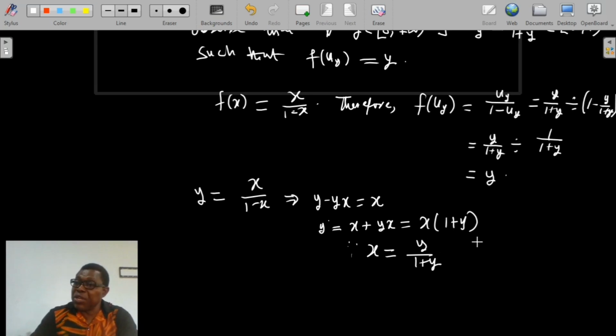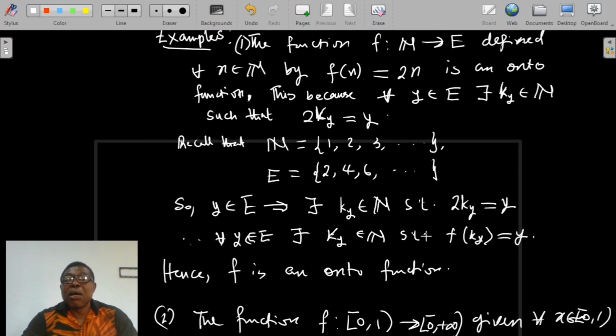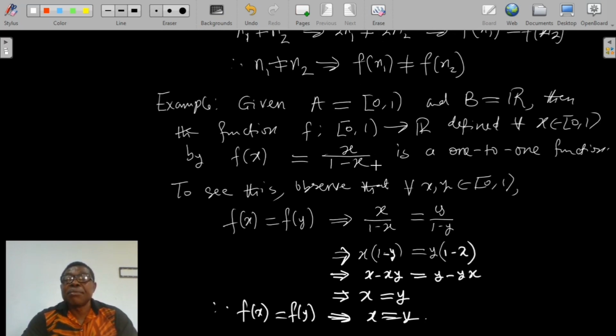It's a matter of taking your time to do a lot of exercises, and you'll get things going. So that function given this way is onto.